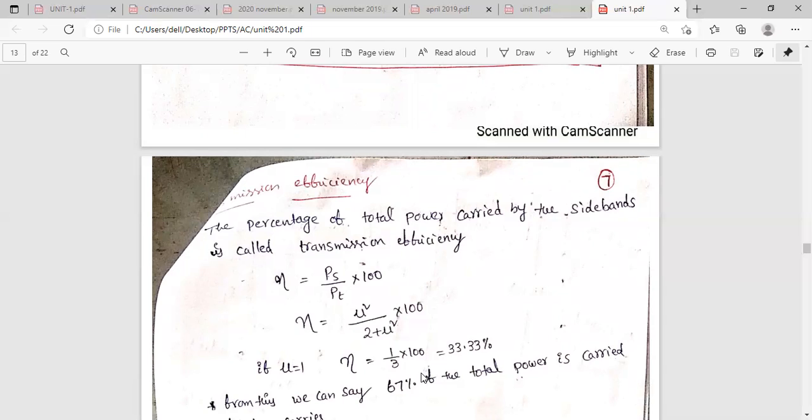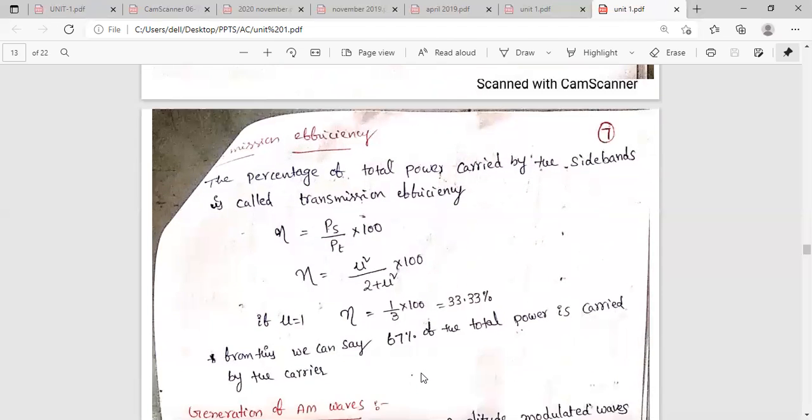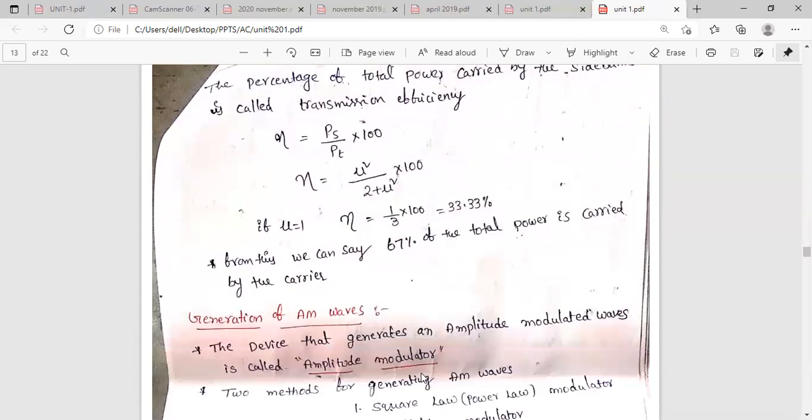So 67% of the power is carried by the carrier, and only the sidebands carry 33.33% of the information. So this is the transmission efficiency of conventional AM, and it is also called the double sideband full carrier system.